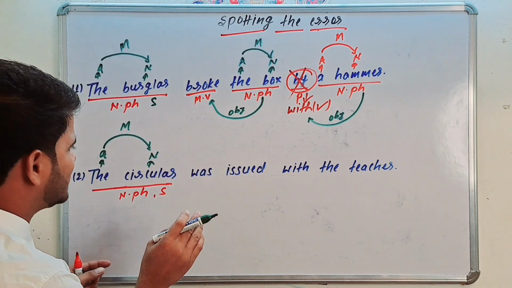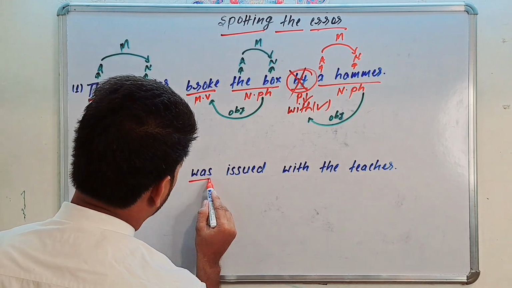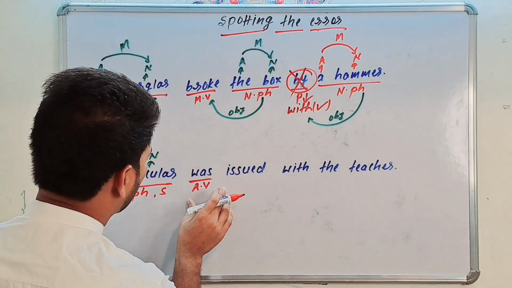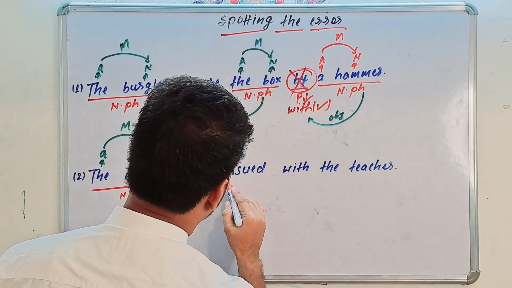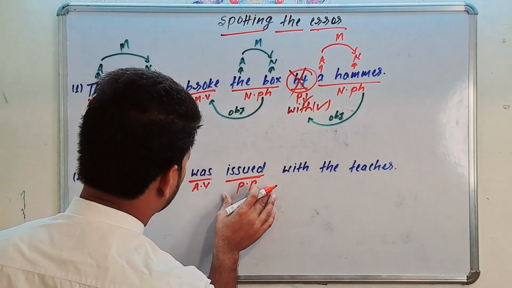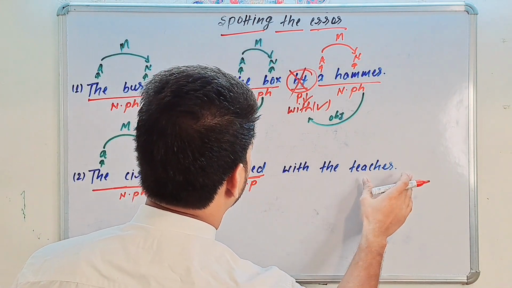The is a definite article, keep in mind. Was here is an auxiliary verb, and issued is the past participle. The circular was issued with the teacher.